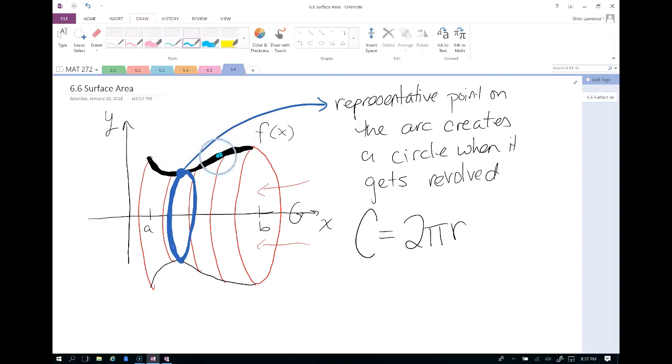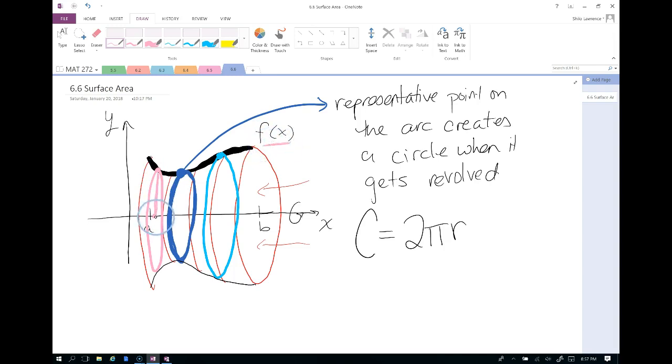So I can pick another point over here and I can follow it around and get another circle. And I can pick another point over here and follow it around and get another circle. Notice that all these circles are a little bit different. And what's different about them are their radii. Now the radii for these circles, when we go around the x-axis, the radii is just based on the function.